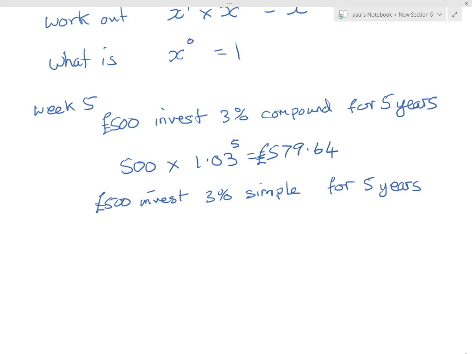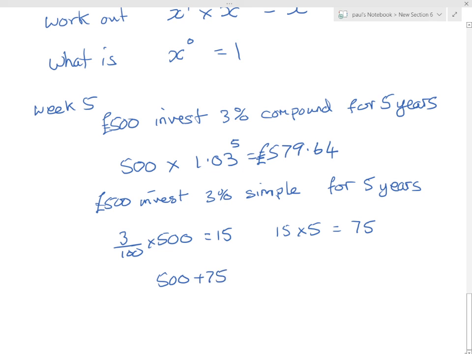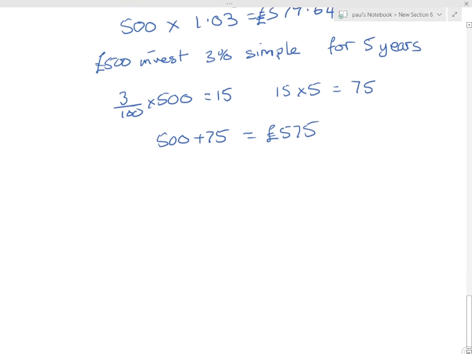Right, so what we do now is we work out what 3% of £500 is, and 3% of £500 is 15. Then we've got the number of years, so we do 15 times 5, which is £75, and we simply add the £75 onto our original amount to give us £575. So we did it both ways, yeah, both ways.